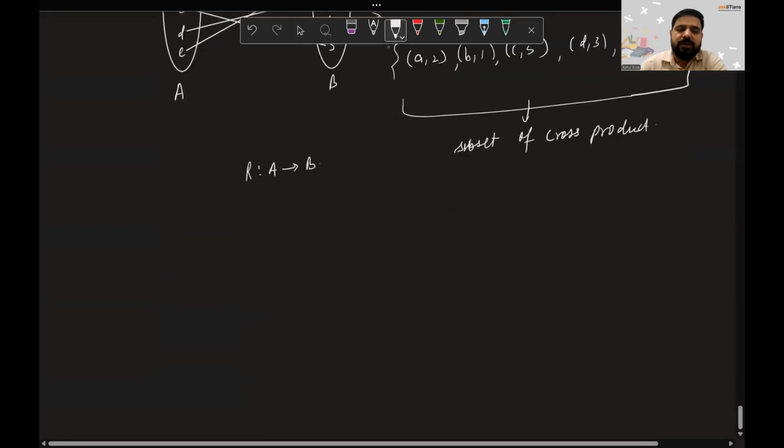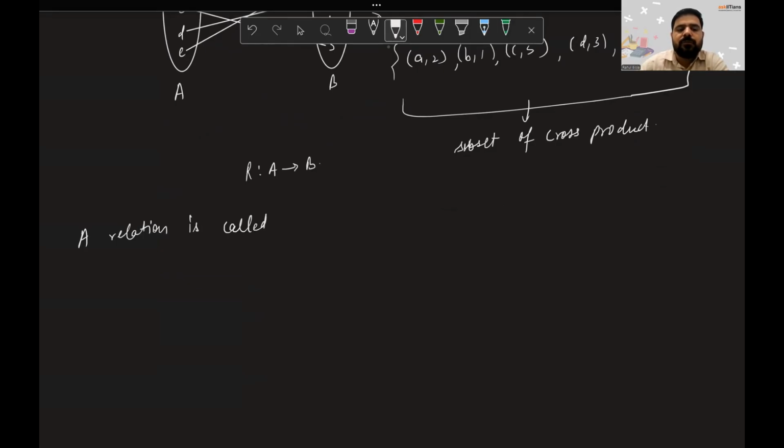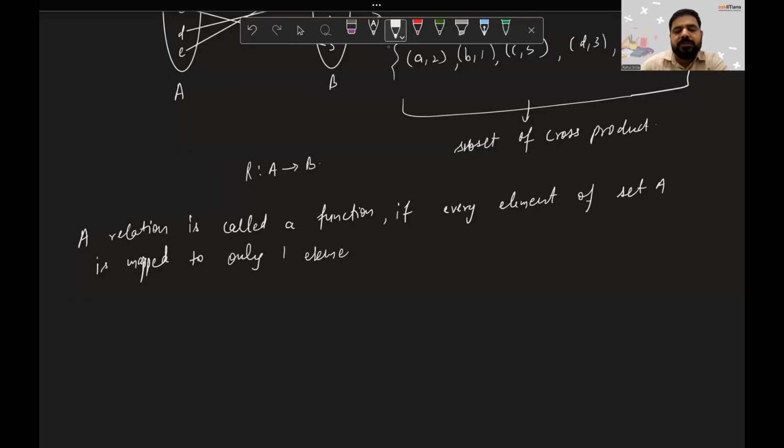So the definition that we'll have here is: a relation is called a function if every element of the first set, let's say I'm calling it set A, is mapped to only one element of set B. So this is very important.